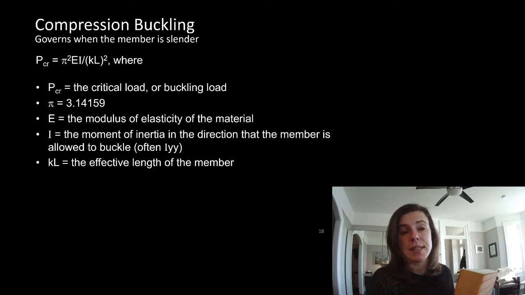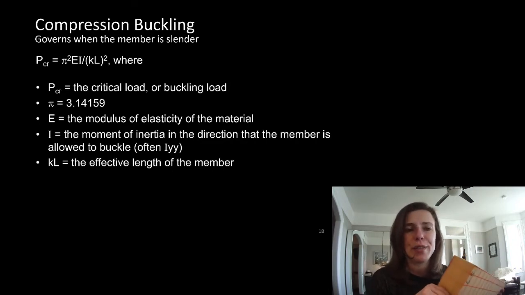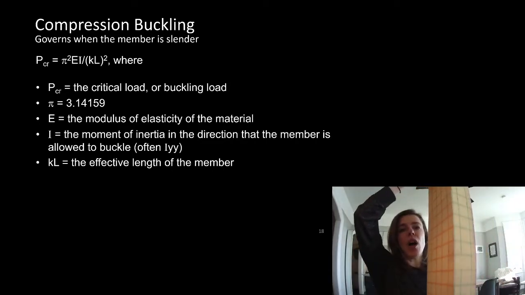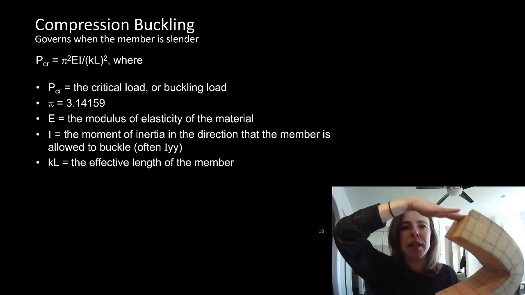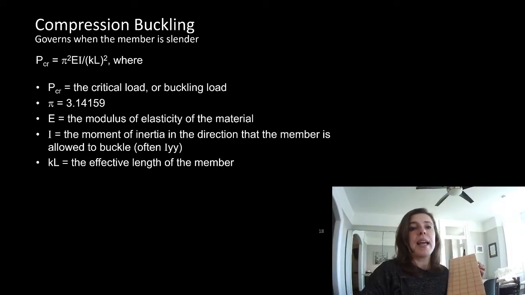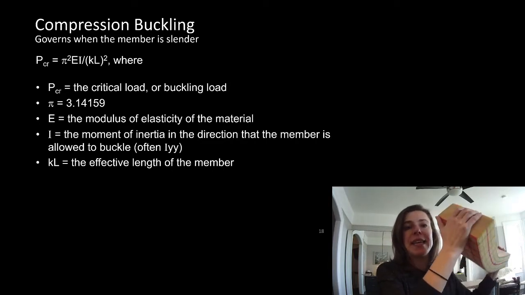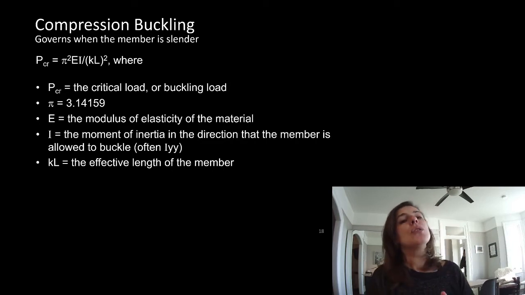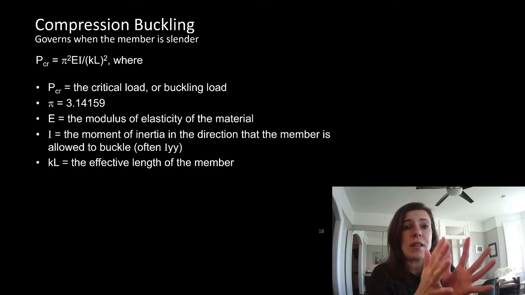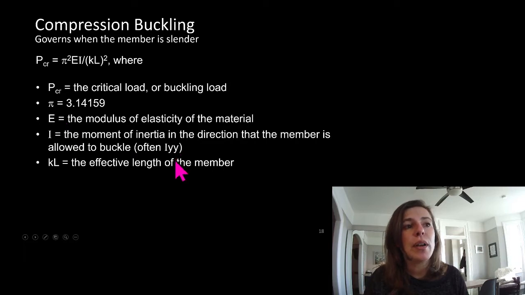So we were worried about Sxx. I know, that sounds very funny. When we're talking about buckling, look what direction it tries to buckle. It tries to buckle in its weak direction, as if it was bending about our y-axis. So that's why, for this equation, we are usually going to be looking at Iyy, the moment of inertia in the direction that the member is allowed to buckle.